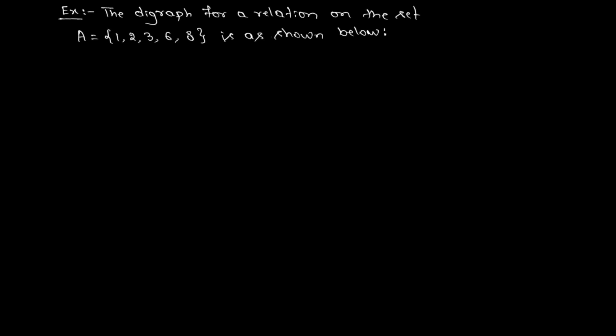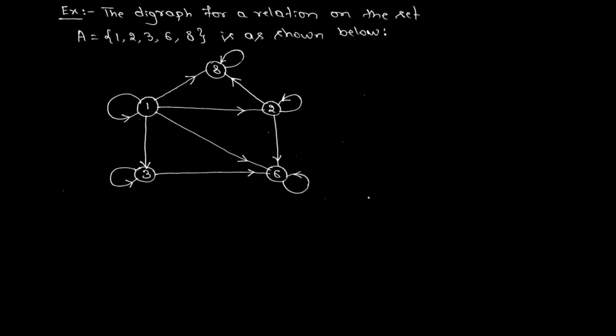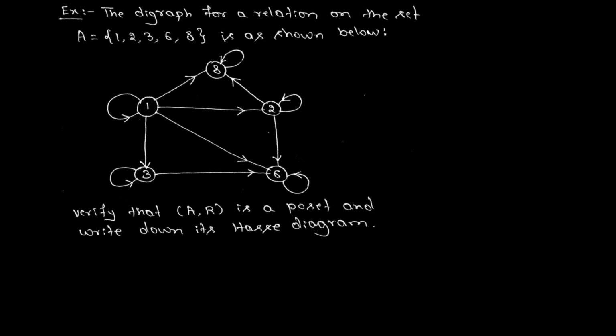Let us take an example. The digraph for a relation on the set A is shown below. So this is a digraph for the set. We have a loop from 1 to 1. Similarly, we have 1 to 8 an arrow, so we write 1 comma 8 in the relation.